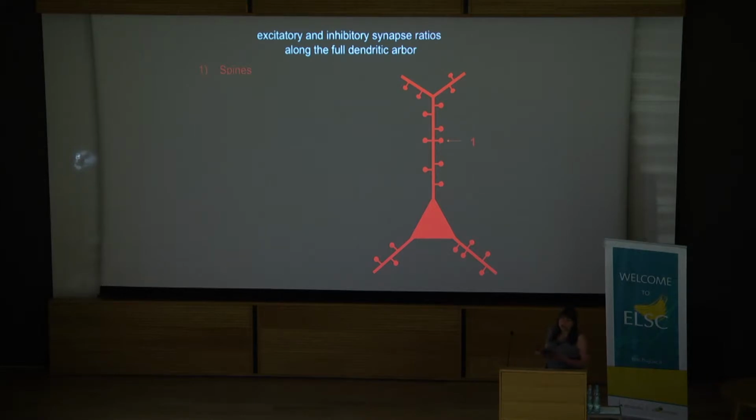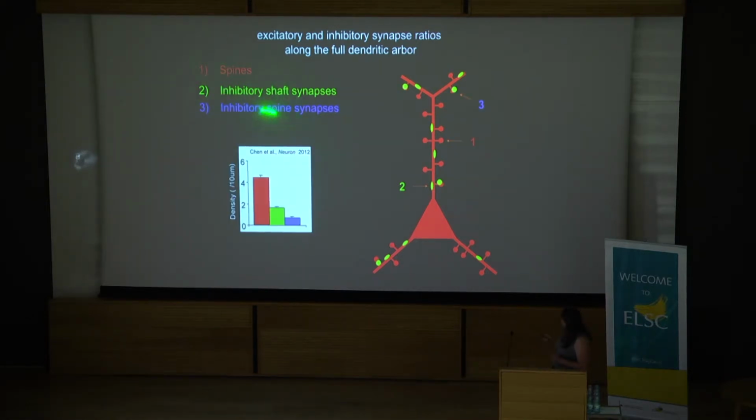So that's the kind of information that we might have in a static view of neurons. But then we also have the location of the inhibitory synapses, which we initially expected to be on the shafts. And then we saw that there was this population of inhibitory spine synapses.